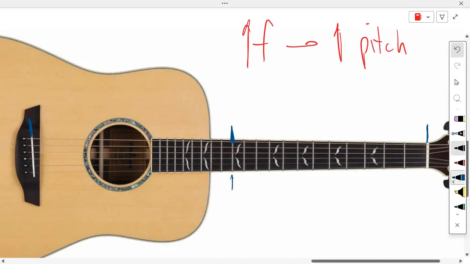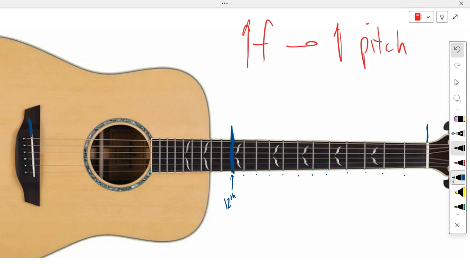This happens to be the 12th of these: 1, 2, 3, 4, 5, 6, 7, 8, 9, 10, 11, 12th fret. Knew it. And the 12th fret on a guitar happens to be exactly halfway down the string.